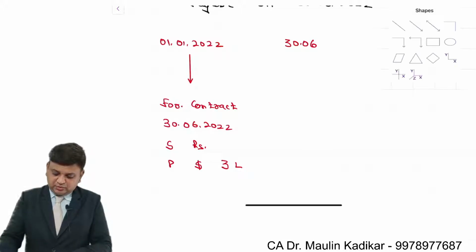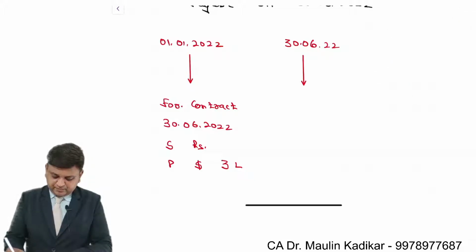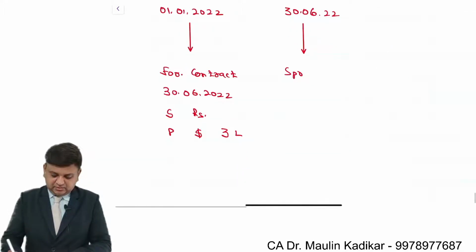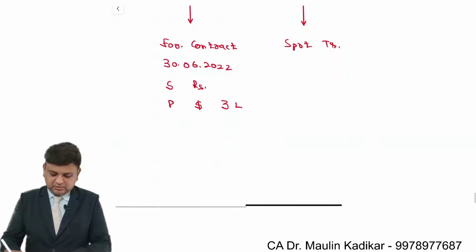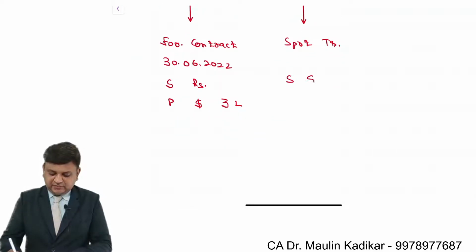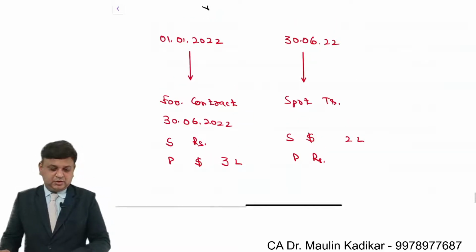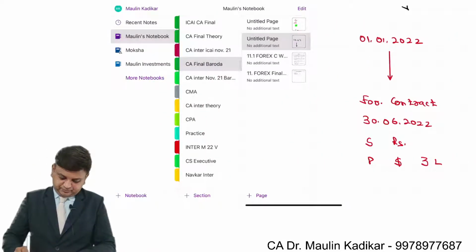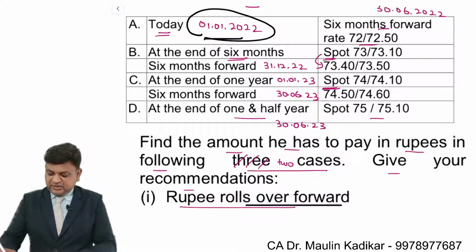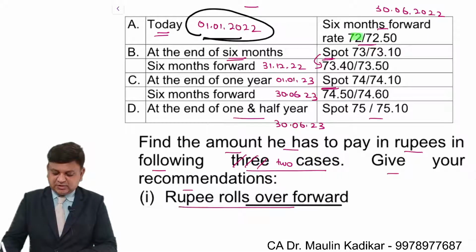On 30th of June 2022, spot transaction for sell of dollar and purchase of rupees. So initially the forward exchange rate is 72.5 and this is the spot rate.